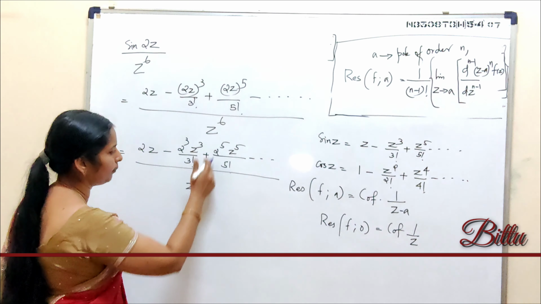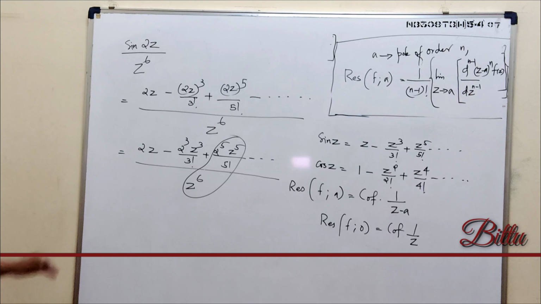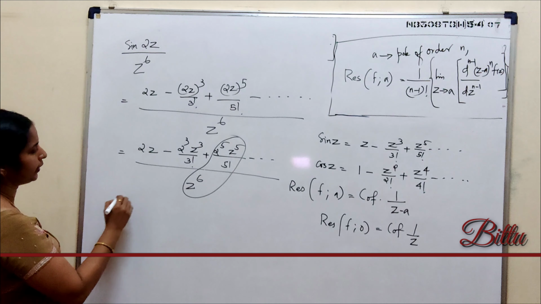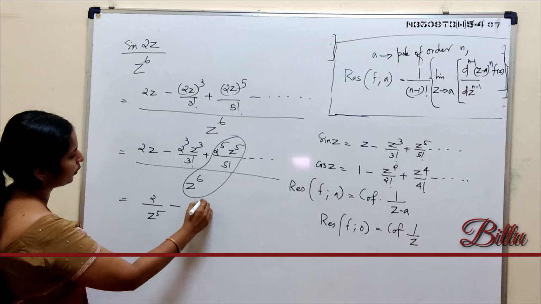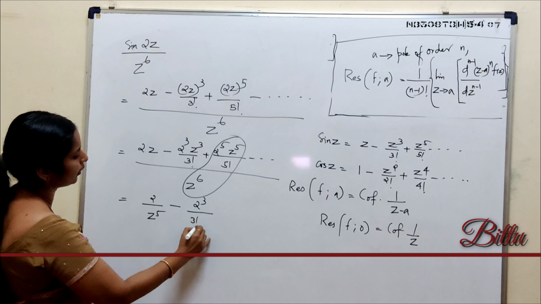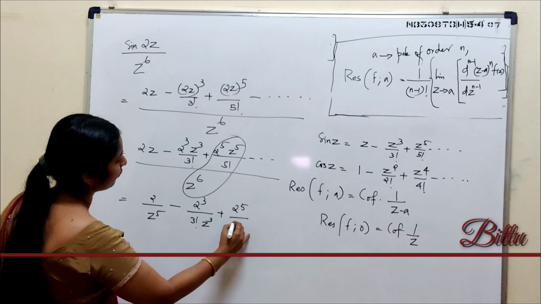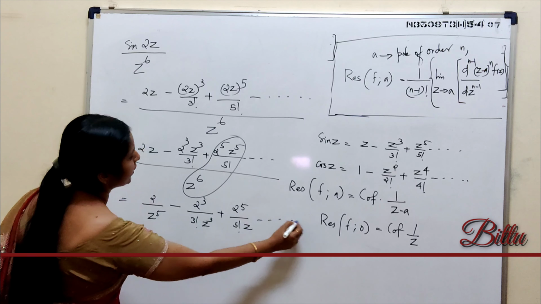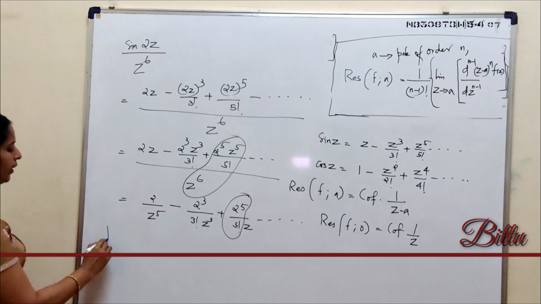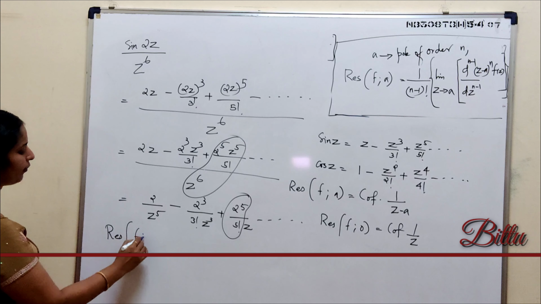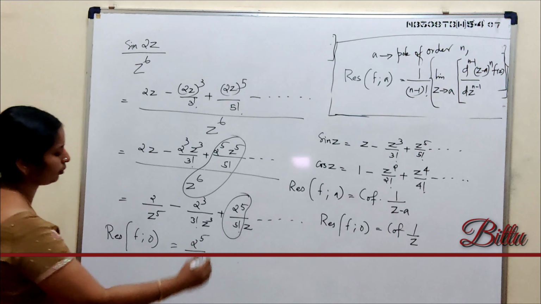So you write up to that term, and this is 2 by z raised to 5 minus 2 cube by 3 factorial into 1 by z cube plus 2 raised to 5 by 5 factorial into 1 by z minus etc. The coefficient of 1 by z is the residue of f at 0, and it is 2 raised to 5 by 5 factorial.